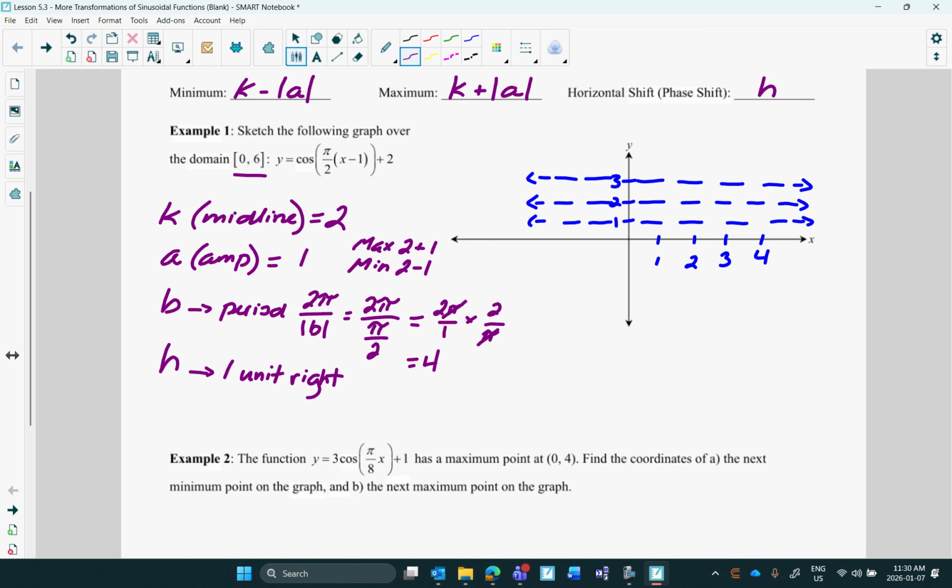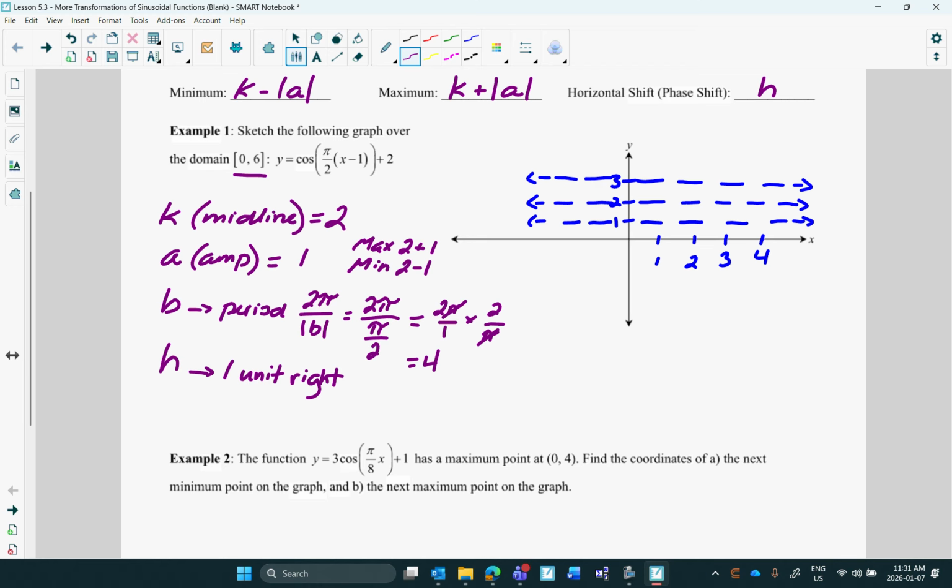But what happens if this was 2, 4, 6, 8? Well, 1 notch would actually have a value of 2, wouldn't it? So you got to be careful with that. Don't always assume a notch has a value of 1. It could be pi. It could be pi over 2. It could be pi over 4. It could be a half. There's a whole bunch of different numbers it could be. You get that from the period.